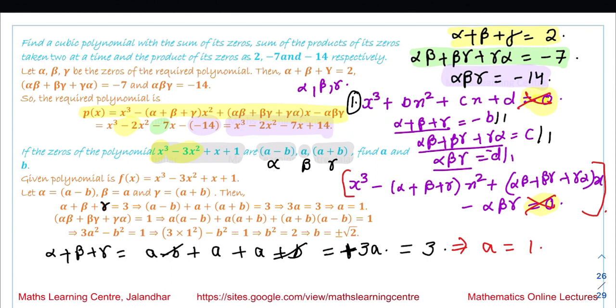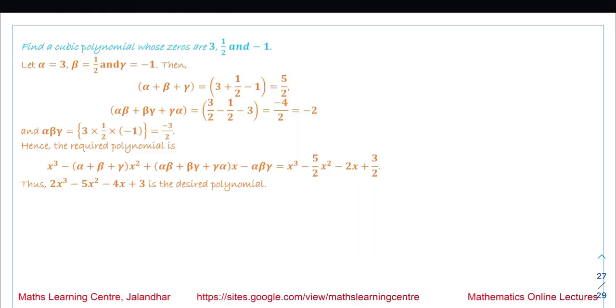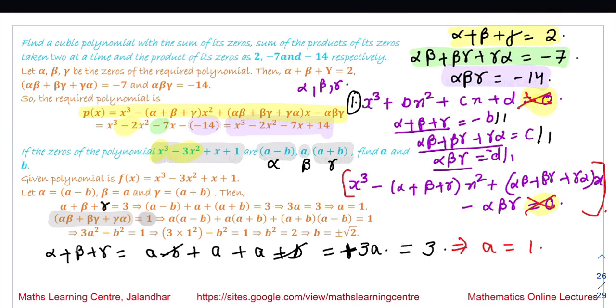Next, we calculate alpha beta plus beta gamma plus gamma alpha, that is equal to 1. The coefficient over here is 1, and the coefficient over here is 1. We substitute these values, and this complete value is equal to 1. The value of a we have calculated is 1.